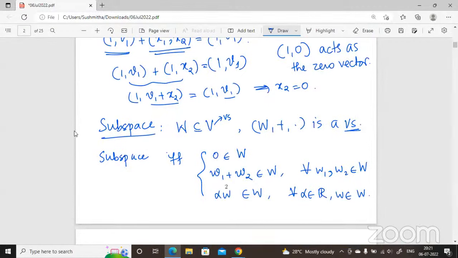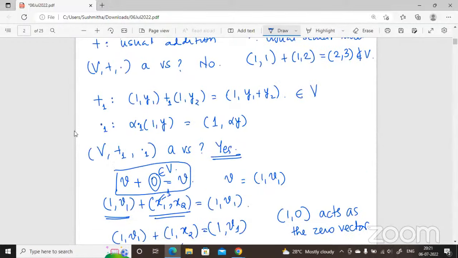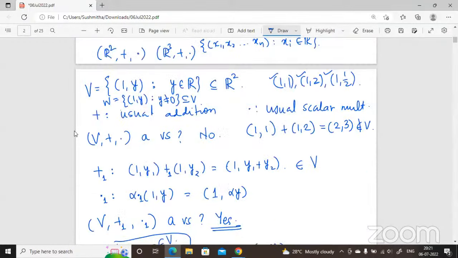First of all, for it to be a subspace, it should be a subset. I just try to say, ma'am, if all subsets are under V, then all vectors must obey these rules, no? No. Look at this set that I was talking about, W. It is the set of all (1, y), where y is not equal to 0. Is it a subset of V?